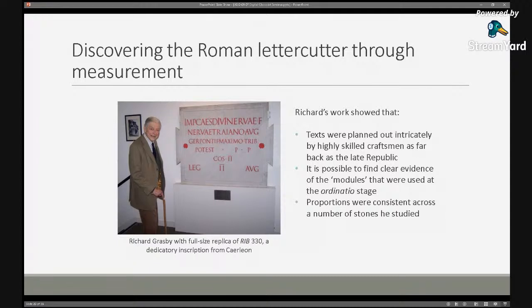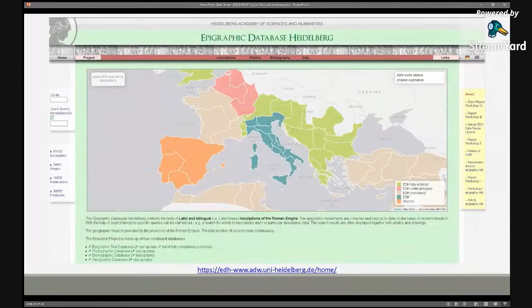And bearing in mind that he was looking at a small number of stones very, very intricately, I thought it would be interesting to consider what we could potentially do now, thinking about the images that are now available to us.